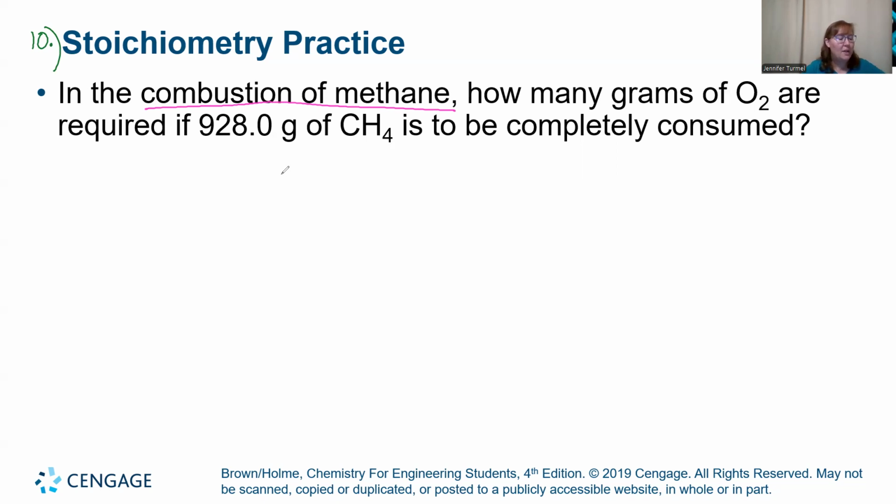So the combustion of methane was an equation that we had before from slide 7. Okay, and that was that one CH4 plus 2 O2 yields 1 CO2 and 2 H2O. Okay, so always start with a balanced equation.